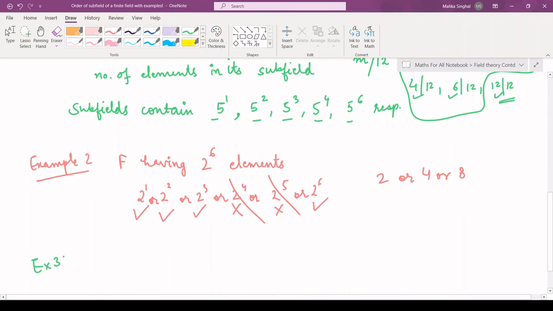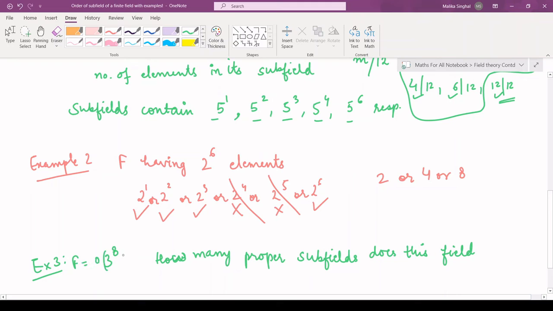Let us see another example. If you have a field F with 3 to the power 8 elements, then how many proper subfields does this field contain?